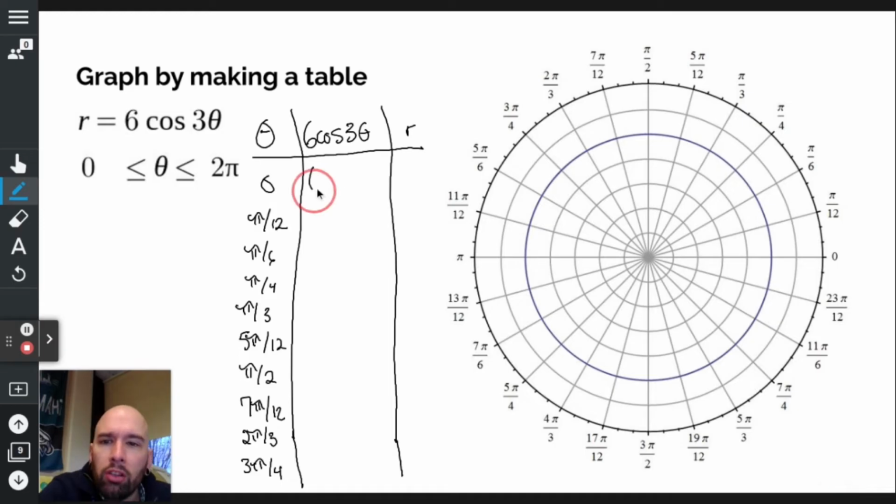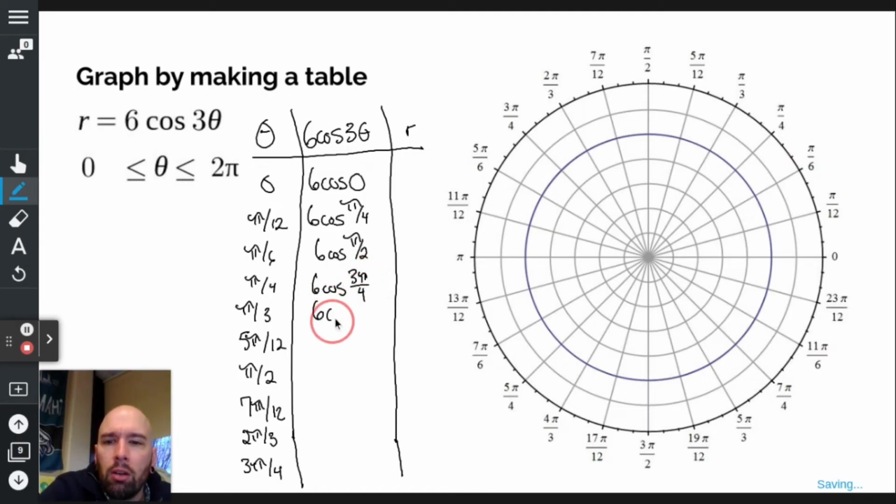6 cos 3 times 0 is 0. 6 cos 3 times pi over 12 is pi over 4. 6 cos 3 times pi over 6 is pi over 2. 6 cos 3 times pi over 4 is 3 pi over 4. 6 cos 3 times pi over 3 is pi, so we're halfway through. 6 cos 3 times 5 pi over 12 is 5 pi over 4.